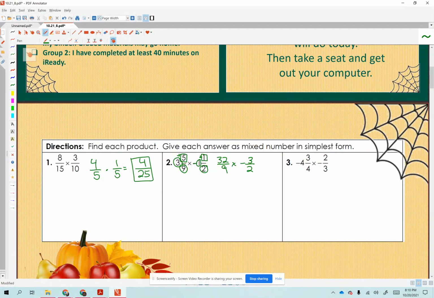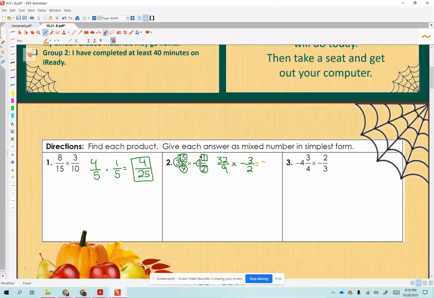Now, when we look at this, we have to be reminded that a negative multiplied by a positive will give us a negative answer. So our answer will be negative. But I do think we should cross simplify.